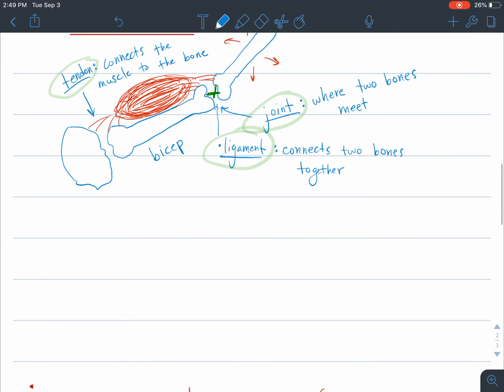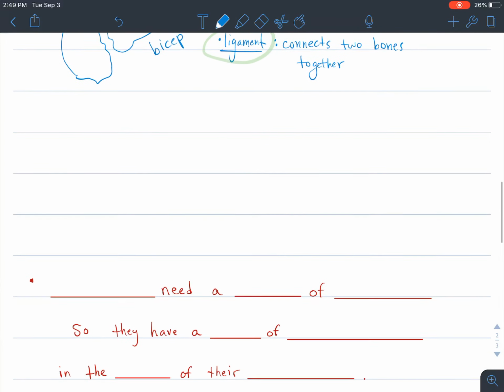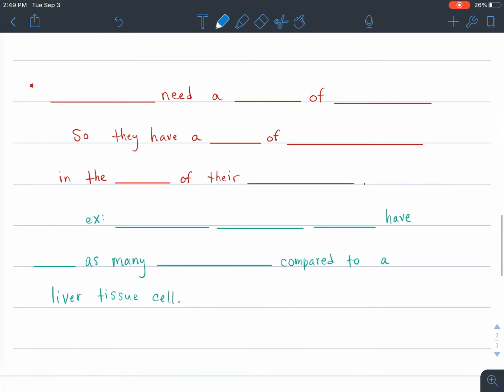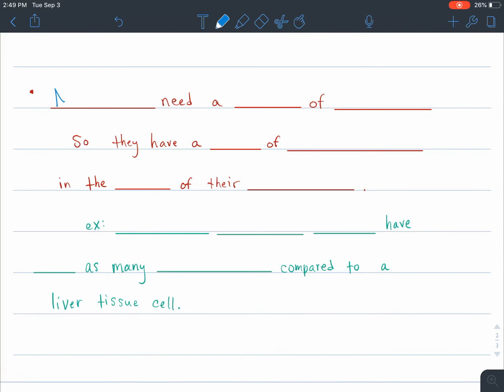All right, so let's go on. Let's just scroll down a little bit more and write some information about muscles. Something that's important that we understand about muscles and muscle cells is that muscles need a ton of energy, so they have a lot of mitochondria.